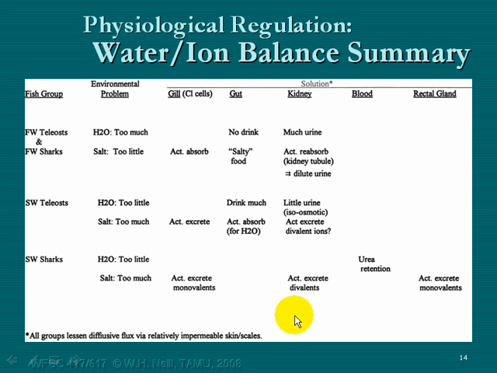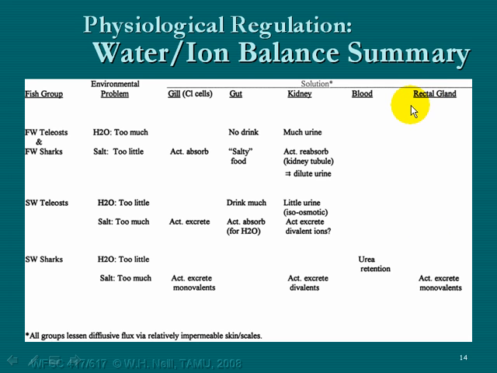Environmental problems: too much water and too little salt for freshwater, and too little water and too much salt in marine systems, marine fish. And then the solutions I've organized according to the location: the gills, the gut, the kidney, the blood, and the rectal gland.